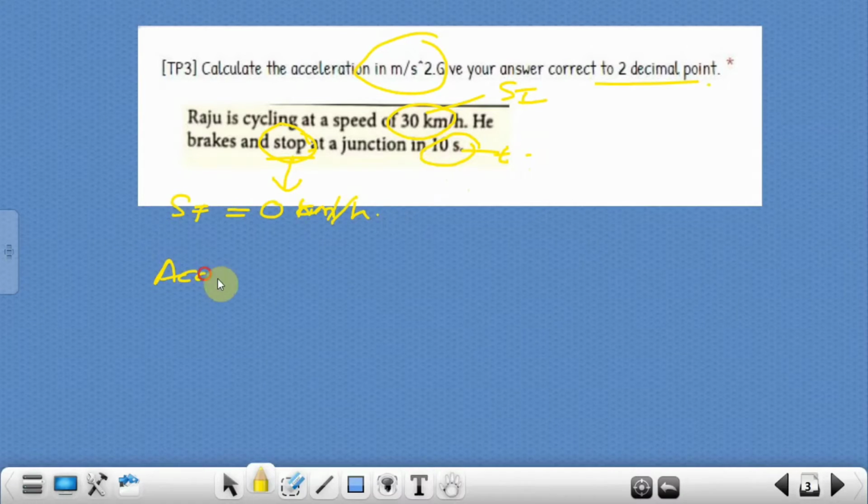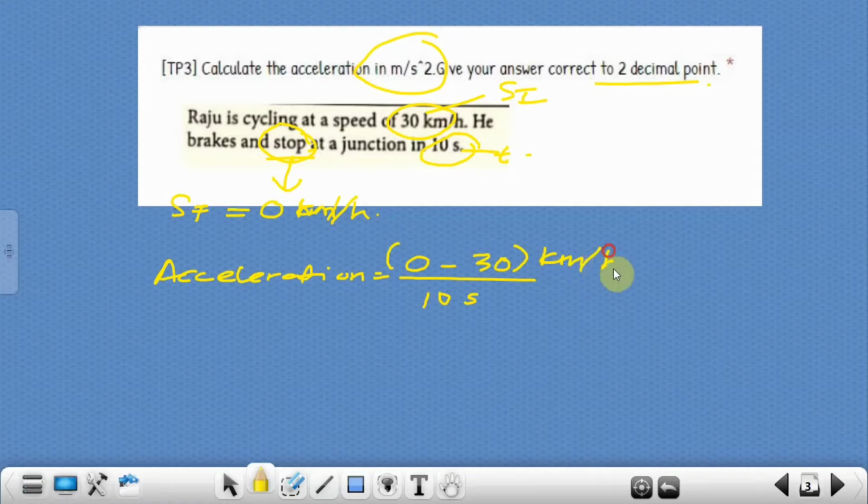So acceleration is final speed minus initial speed divided by 10 seconds. Please remember this is in kilometer per hour. Again, you can see that the time unit is not the same. This is hour, this is second. And you look at here, the answer must be in meter per second square.